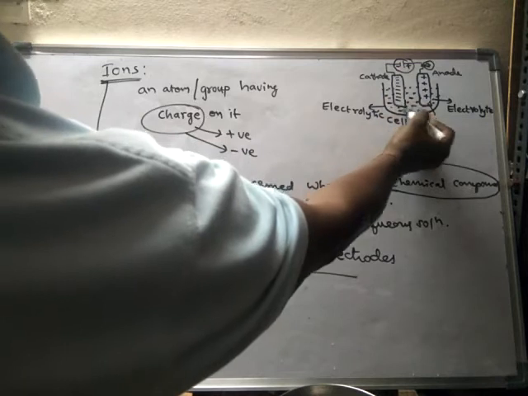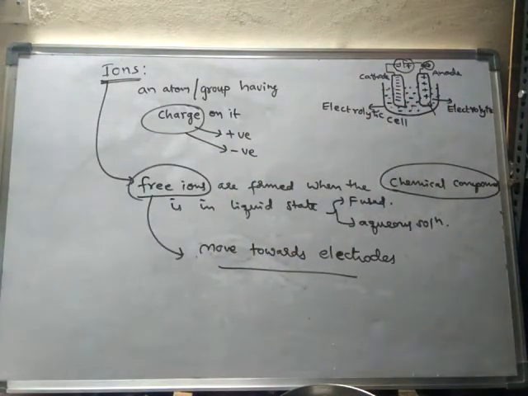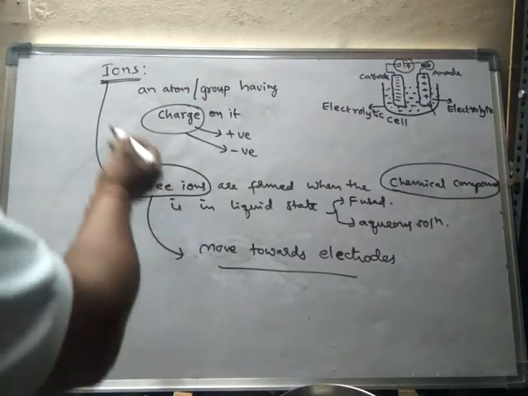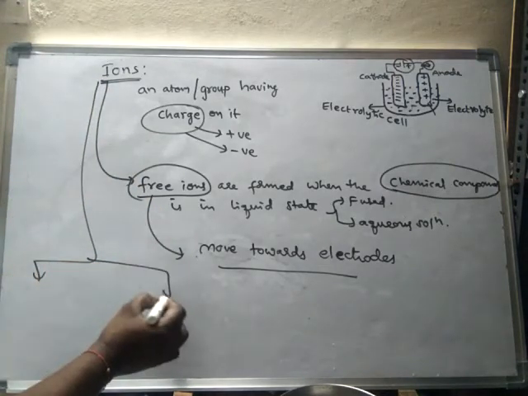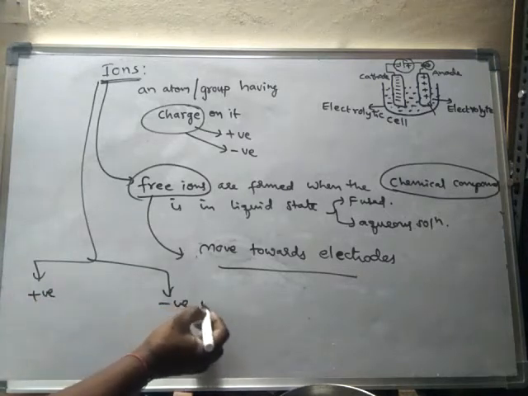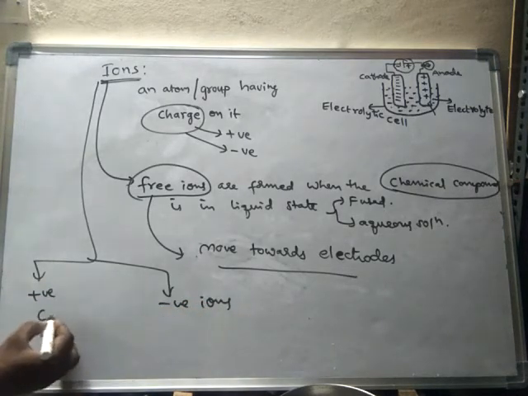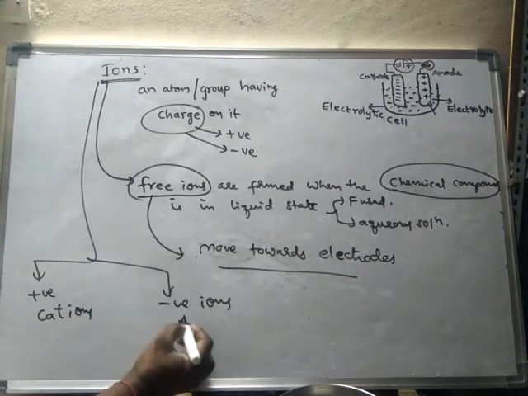When electricity is passed into the electrolyte, these ions, cations or anions, move towards the cathode or anode. So the ions are further classified into positive ions and negative ions. Positive ions are called cations and negative ions are called anions.